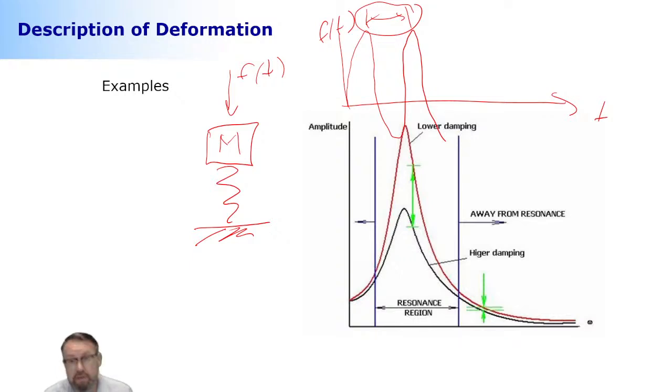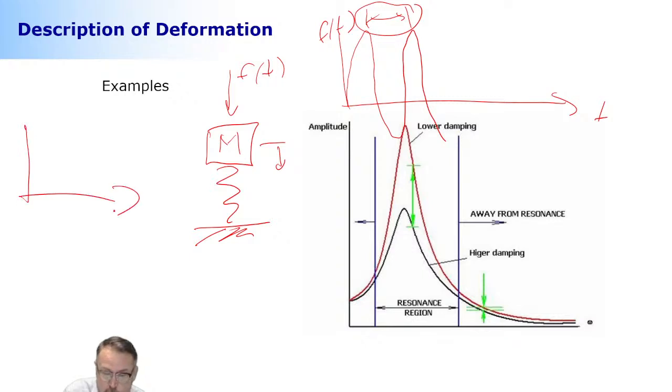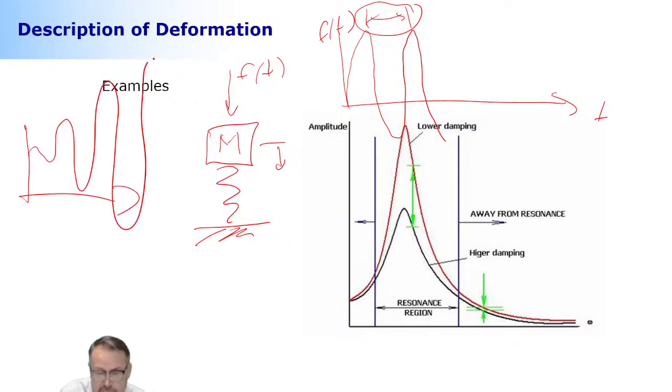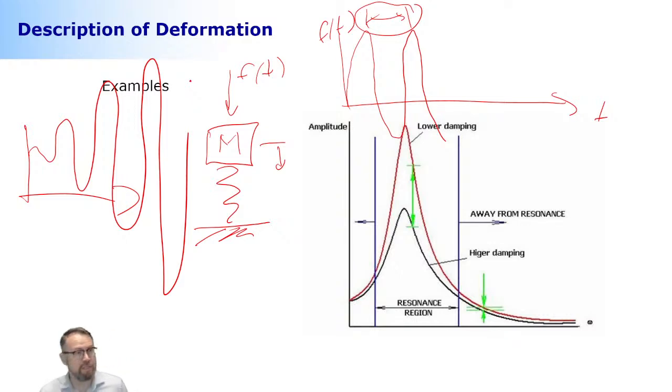A resonance condition is very, very bad because in theory, the amplitude of this mass starts to become infinite. It's not going to be infinite in reality, but theoretically, if you look at what happens when you have resonance, it becomes like this. And you see resonances all over. Every now and then there's a small piece that is making an awful lot of noise, more than it's supposed to make.